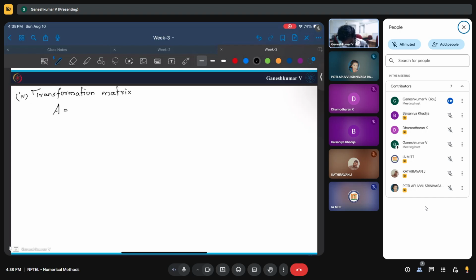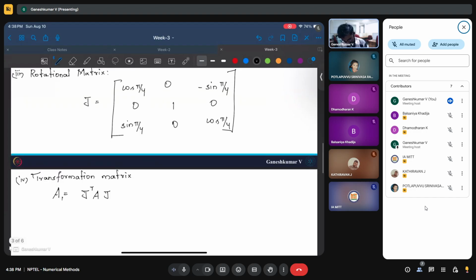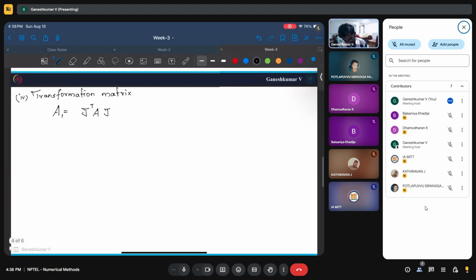That's why you do J A J transpose, or J transpose A J. All right. So this we are denoting as A1, which means this is the first iteration, and the next iteration will be A2 equals J transpose A1 J. And maybe I will also denote this as J1, so J1 transpose A J1.